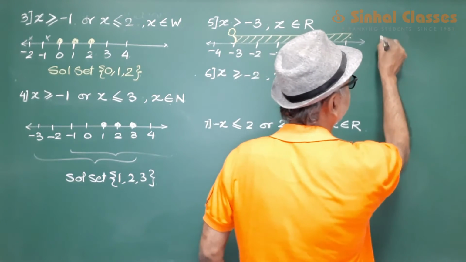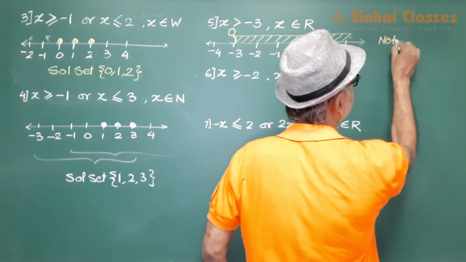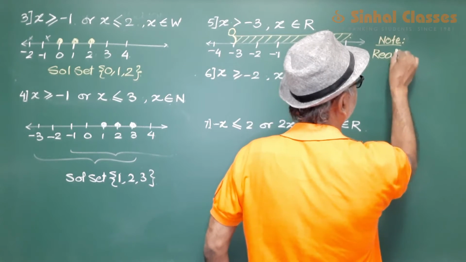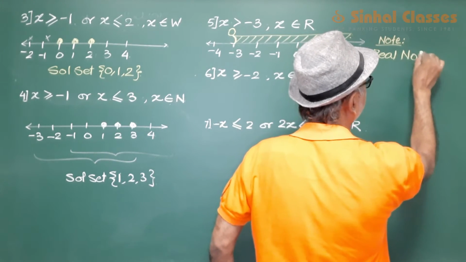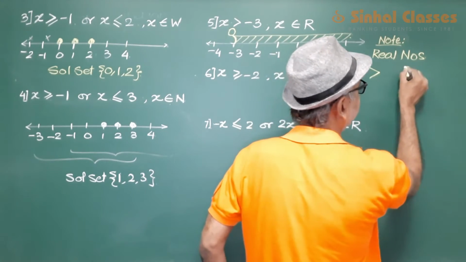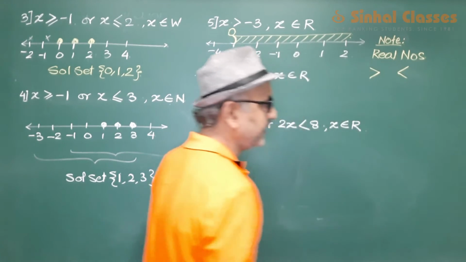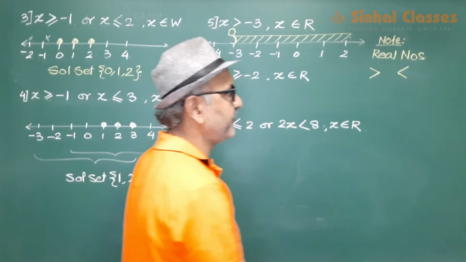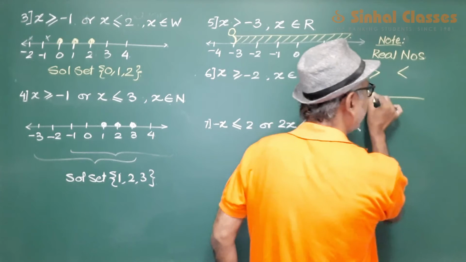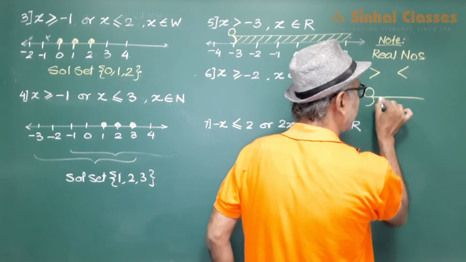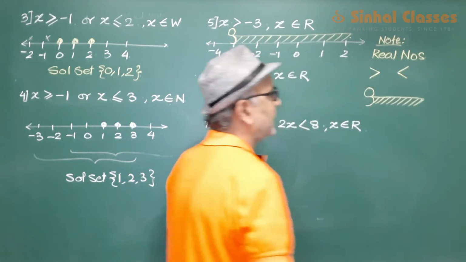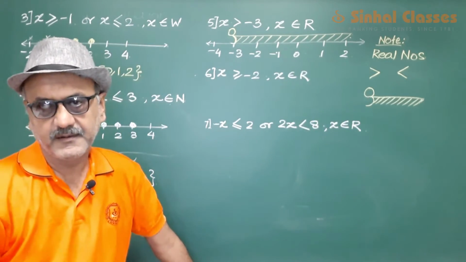When you are dealing with real numbers, and you have a number which is greater than or lesser than, you have to put a curve and a hollow circle. A curve and a hollow circle.